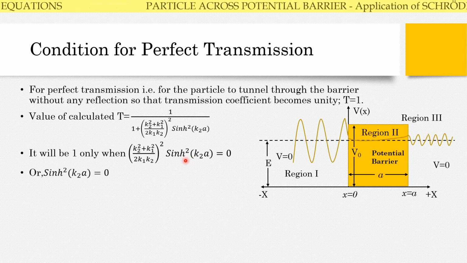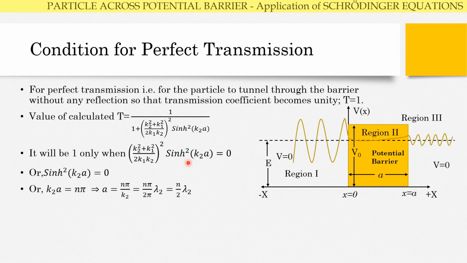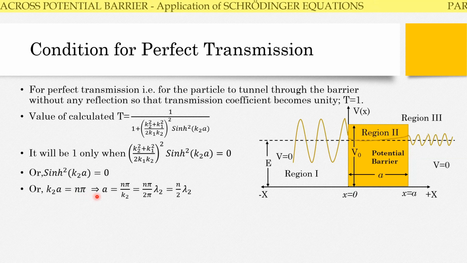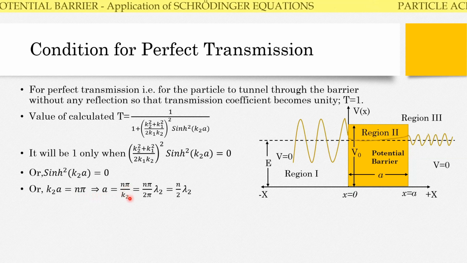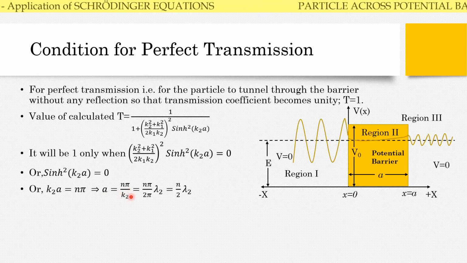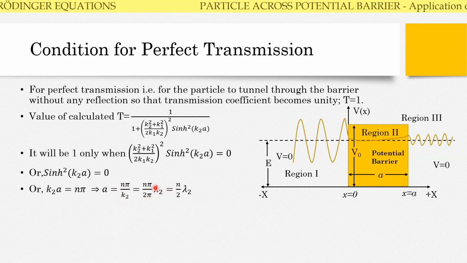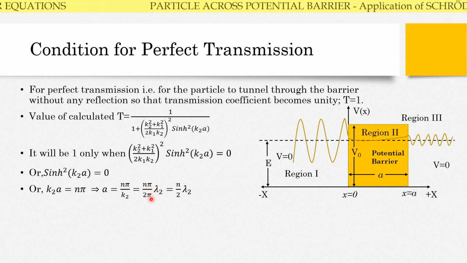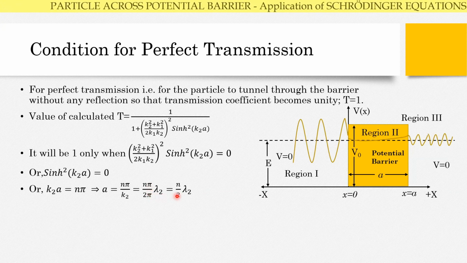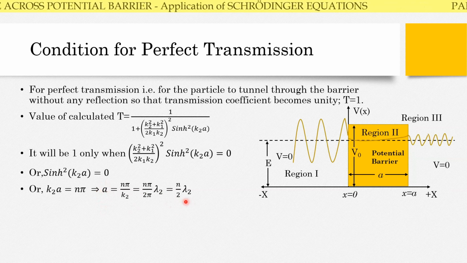This will be 0 when sinh square k2a equals 0, and upon solving this, k2a becomes an integral multiple of pi, or simply a comes out to be n pi by k2. What is k2? k2 is the wave propagation vector in region 2. So you can also write it as 2 pi by lambda 2, and it becomes simply n pi lambda 2 divided by 2 pi. Pi in the numerator and denominator cancels out, and the value of the barrier width simply becomes n lambda 2 divided by 2.